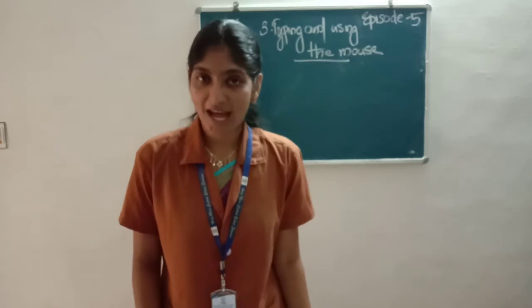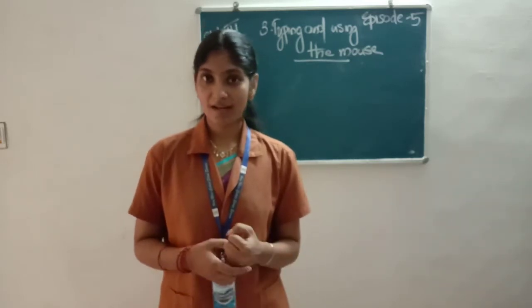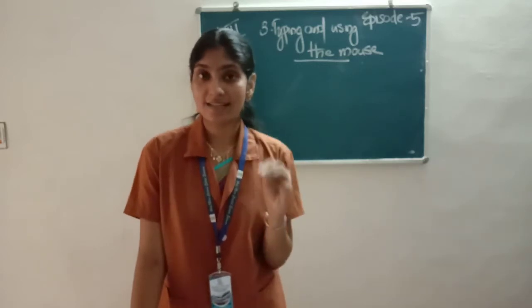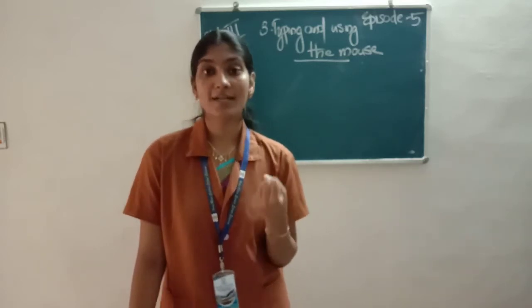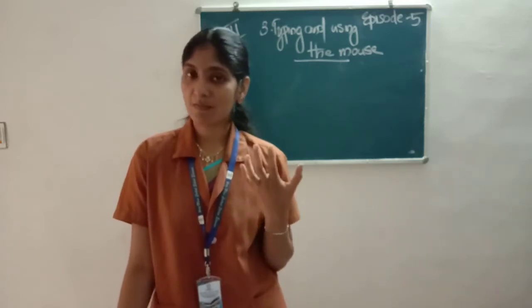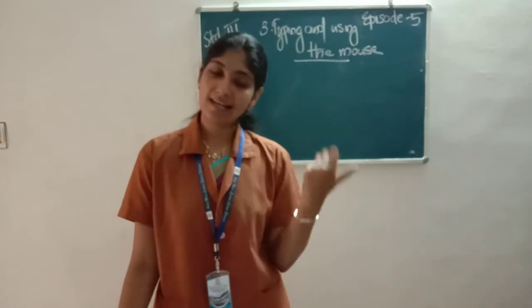Last class we have discussed, can you remember what are the things? First we learned about the keyboard, then its keys. Can you remember what keys we discussed last class?